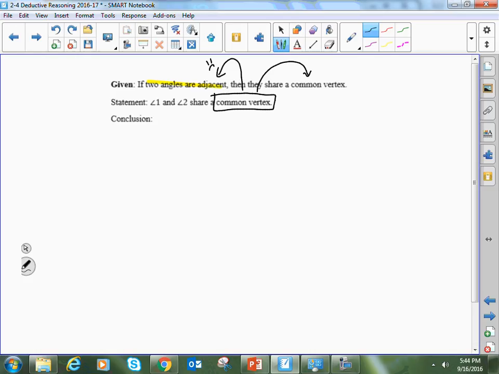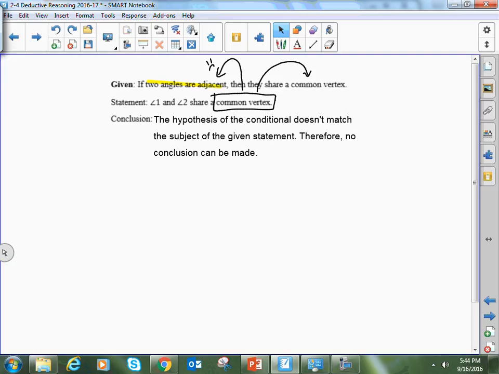Because the subject of the statement goes with the conclusion of the conditional, we are not going to be able to draw a conclusion using the law of detachment. The hypothesis and the subject don't match, so we can't draw a conclusion using the law of detachment.